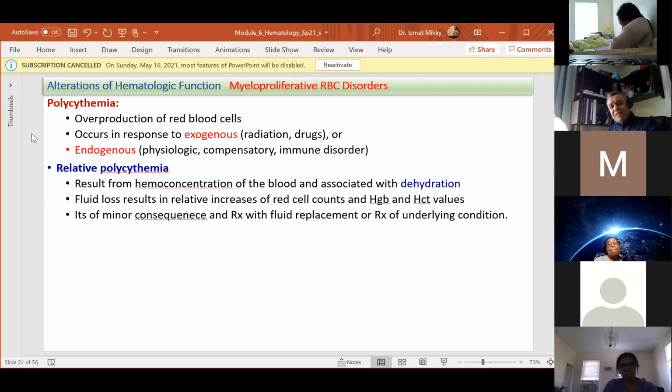So this can be a compensatory mechanism in response to the constant and chronic hypoxia and chronic shortness of breath. So the polycythemia can be due to exogenous medications, radiation, or endogenous due to physiologic or compensatory mechanisms or immune reactions.